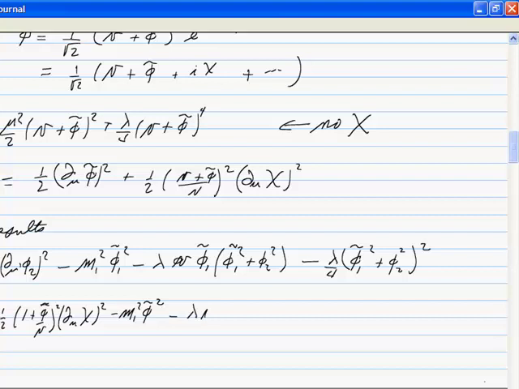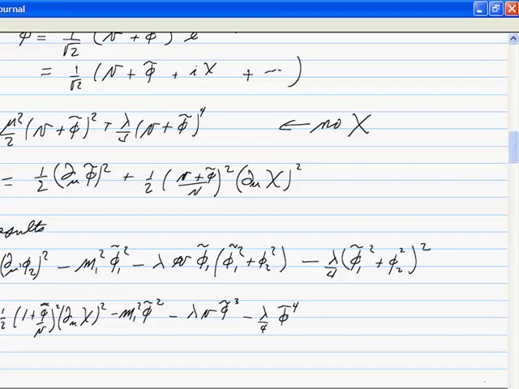It's minus lambda v phi twiddle cubed minus lambda over 4 phi twiddle to the 4th. So the interactions of phi 1 and phi twiddle are exactly the same.